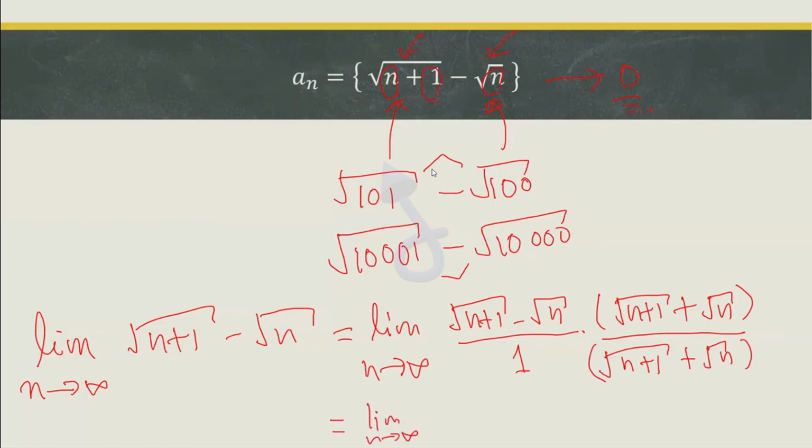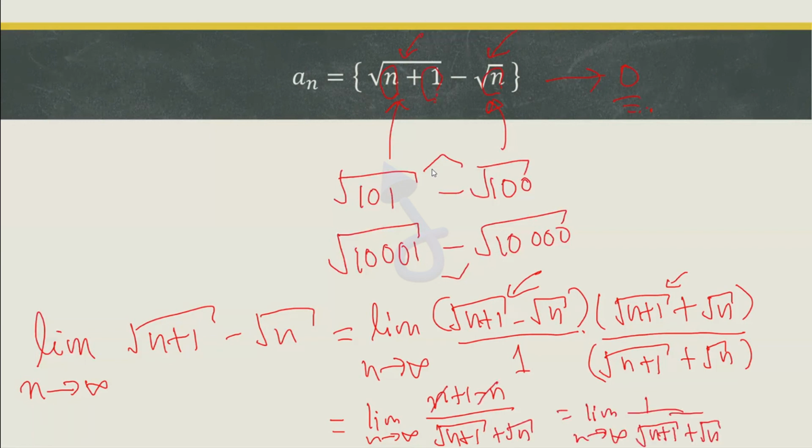The numerator now becomes a difference of 2 squares because it is a product of this expression and its conjugate. And so that becomes n plus 1 minus n. And the denominator is simply as follows. In the numerator, both n's will cancel.